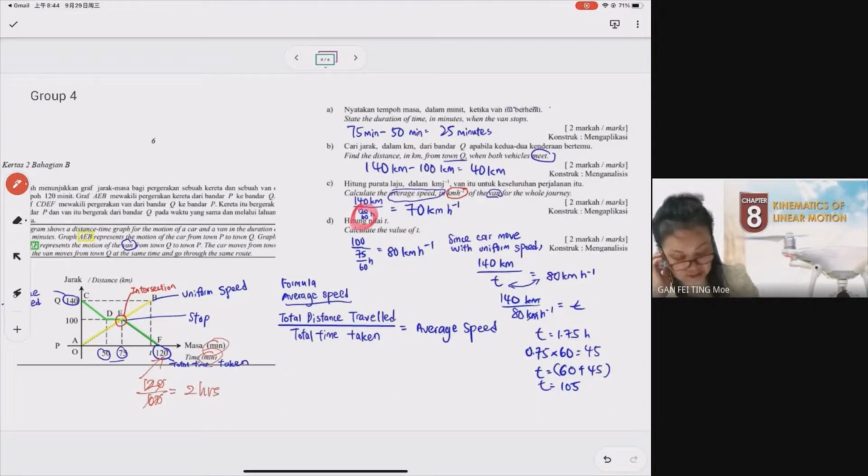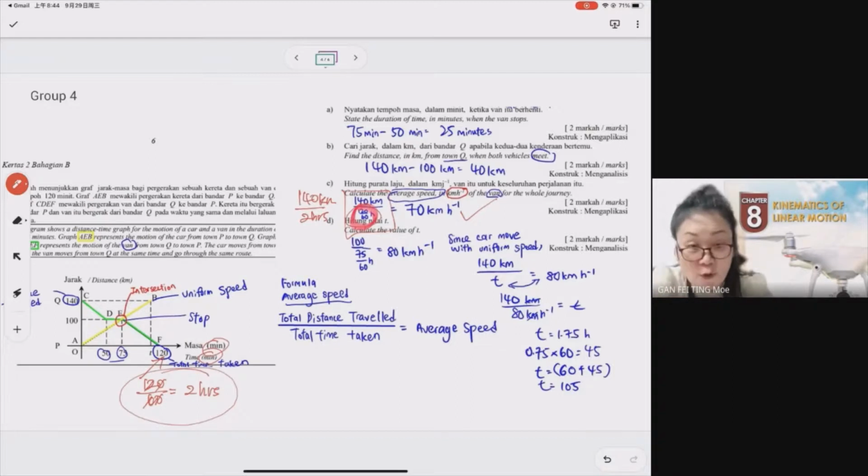So then you have 140 kilometer divided by 2 hours, and you get this answer. If you are having problems dividing the minutes by 60 in the working, get this done before you substitute it into the formula, total distance divided by total time.